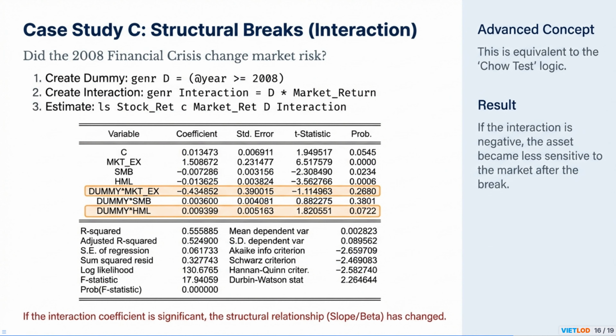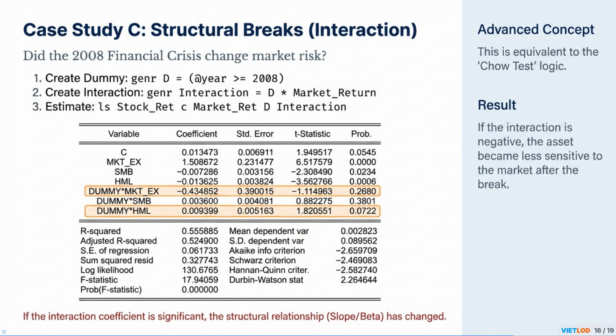This slide presents case study C, focusing on structural breaks using interaction terms. We're investigating if the 2008 financial crisis altered the market risk, or beta, of a particular asset. This analysis is conceptually similar to a Chow test.